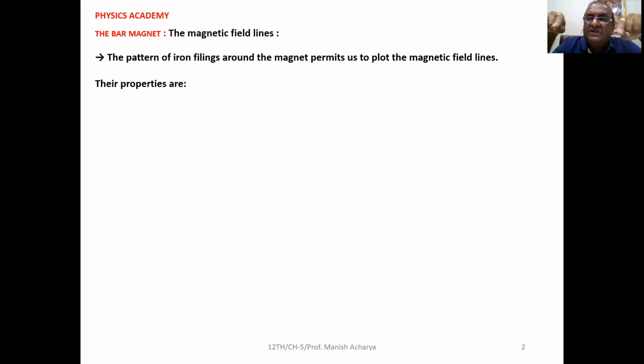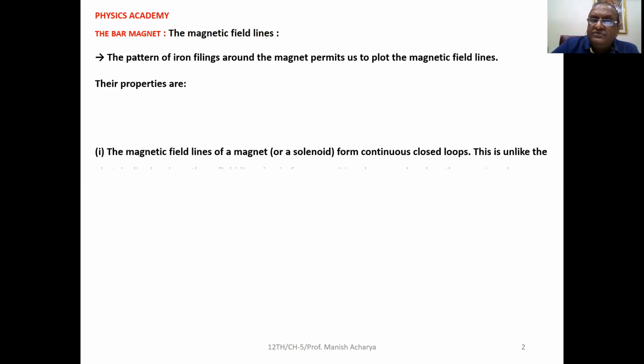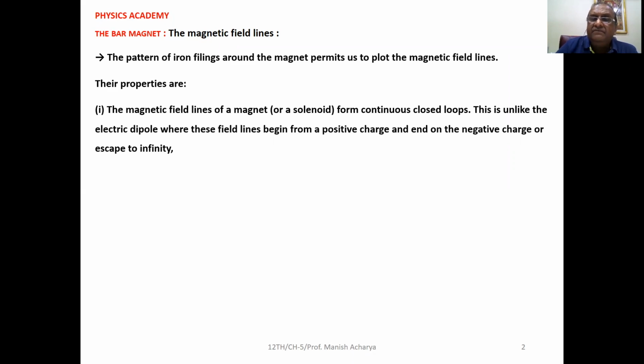As per the arrangement of those iron filings, you can prepare the magnetic field lines of that particular bar magnet. And here we can observe that the magnetic field lines always form a closed loop.